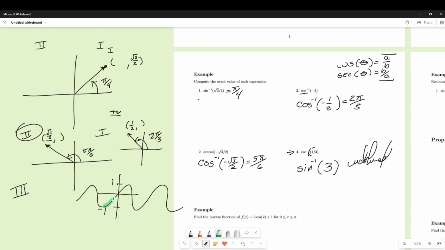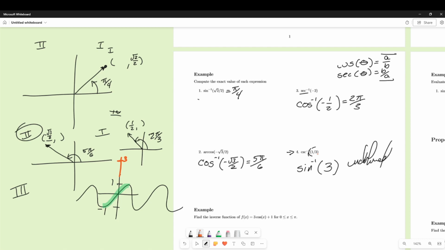And even more than that, we're only considering this part of it. So if somebody asks, well, what angle makes sine output a 3? Well, it never does. Not without amplitude changes and stuff that aren't on here. And we'll deal with those when we deal with solving, so don't worry about that.